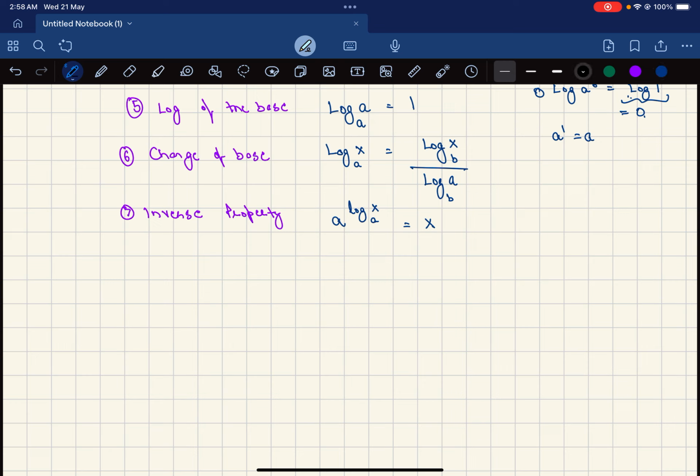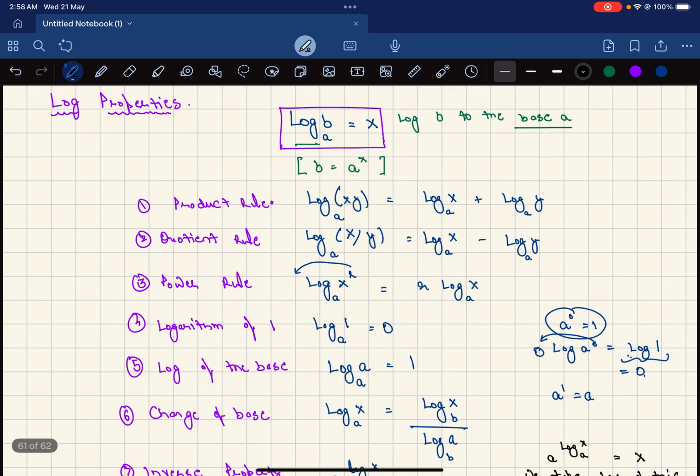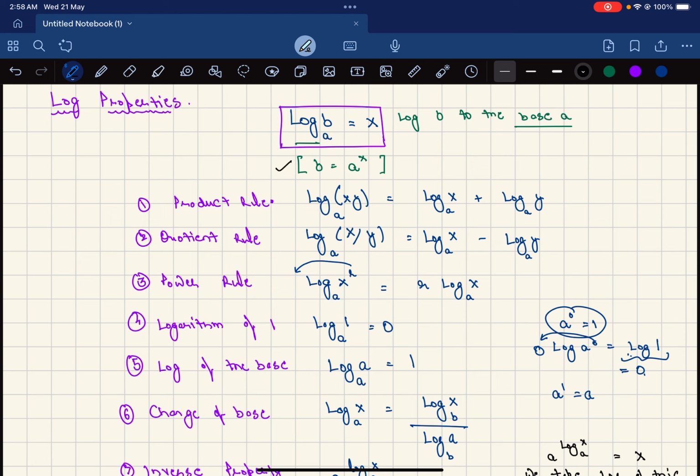So for example, let's say we have a to the power log x to the base a, and now let us say we take log of this to the base a. Now if you remember from the initial definition, if we have a relationship b equal to a to the power x, we can write it as log b to the base a equal to x.